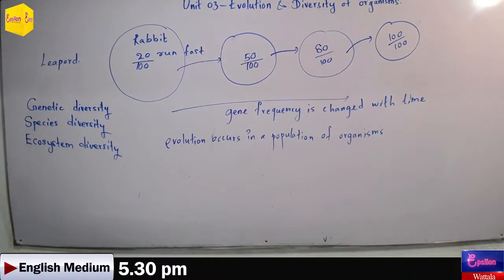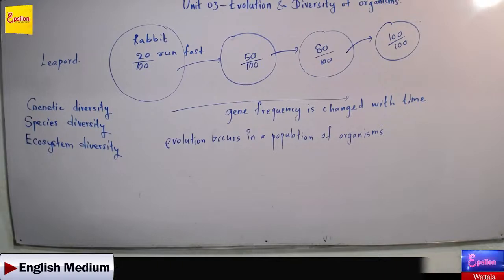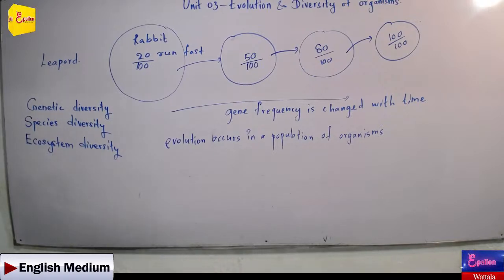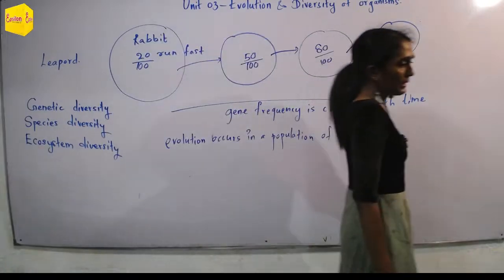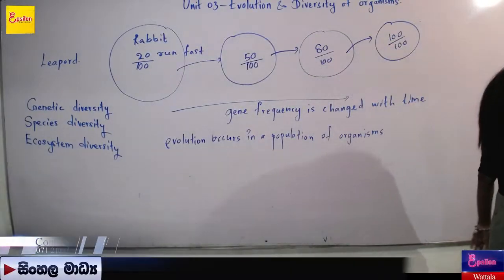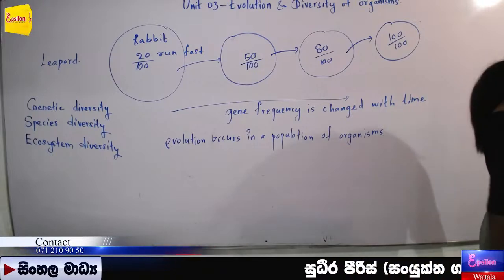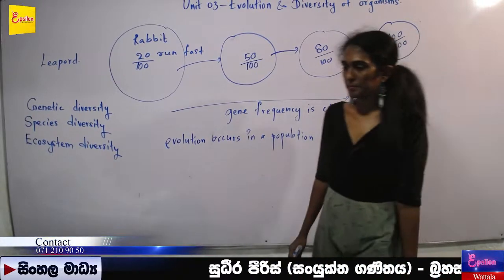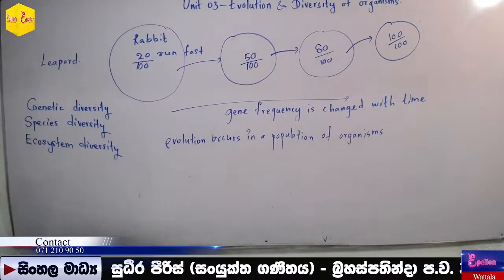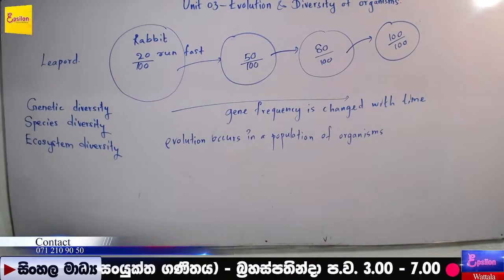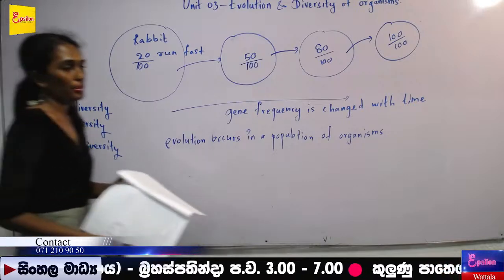Second question, what is the most accepted theory about evolution of Earth? Big Bang theory. Write that. Big Bang theory. If you don't have the time, please write the question and do it later, online students.